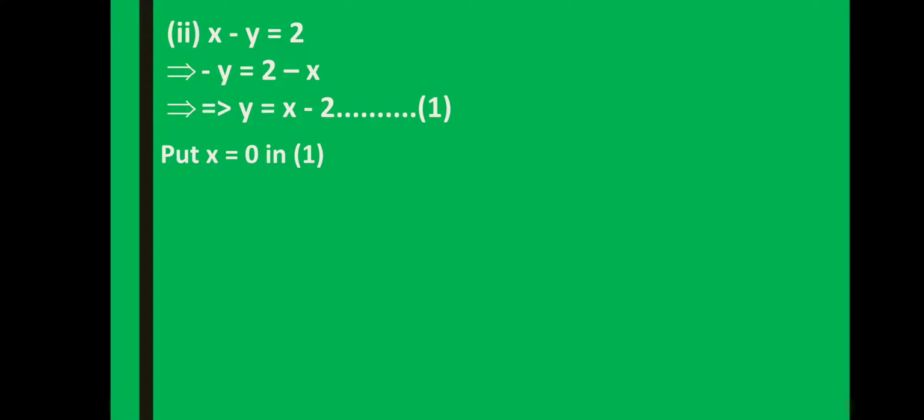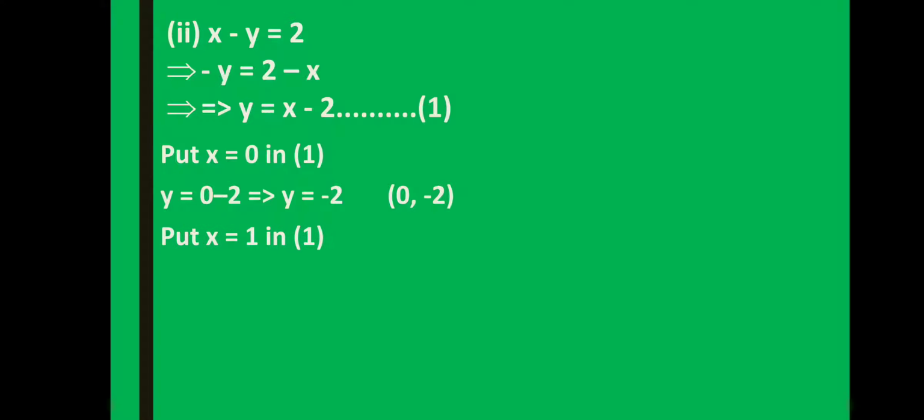Now we will put x is equal to 0 in equation 1. Then we get the value of y is equal to 0 minus 2, that is equal to minus 2. So our first solution is 0 comma minus 2.